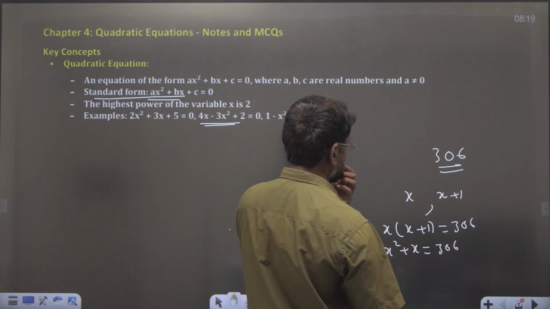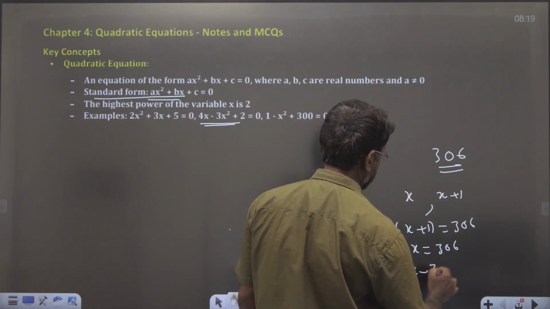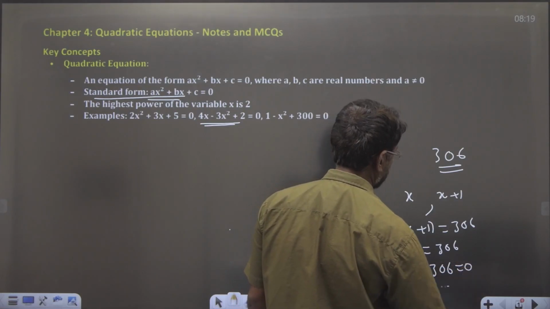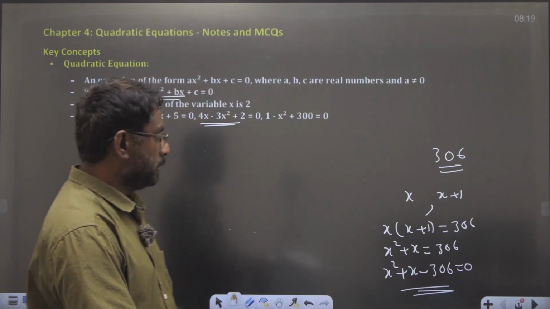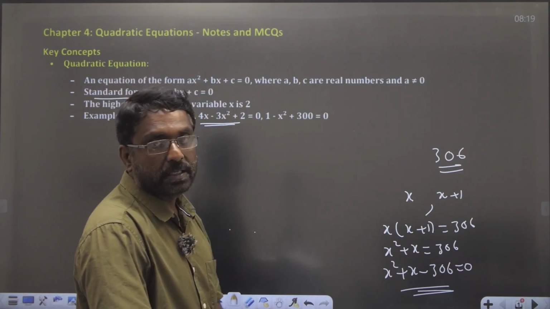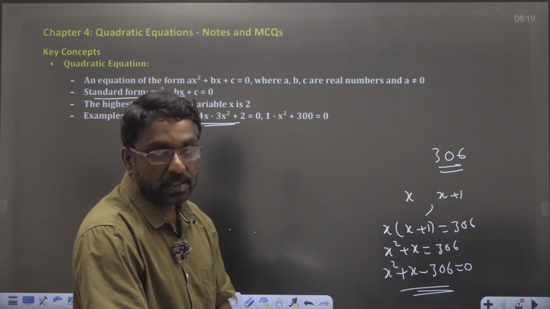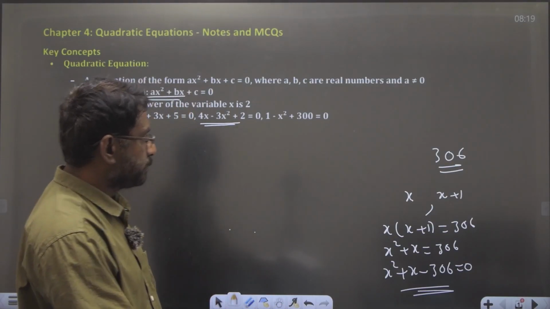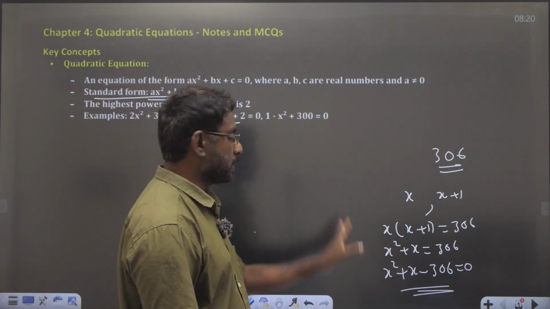Take this 306 to the left hand side, that is x square plus x minus 306 equal to 0. This is the answer. In this question, just form the quadratic equation. No need to solve it. The question is just to find the quadratic equation for the product of two consecutive integers being 306.